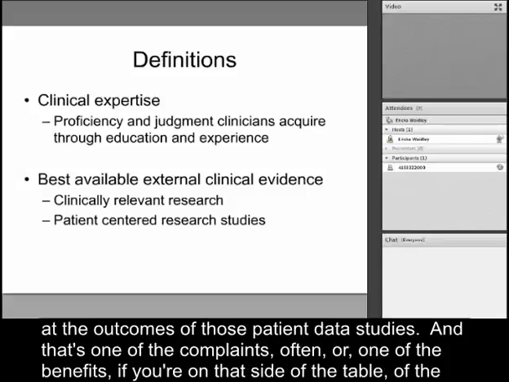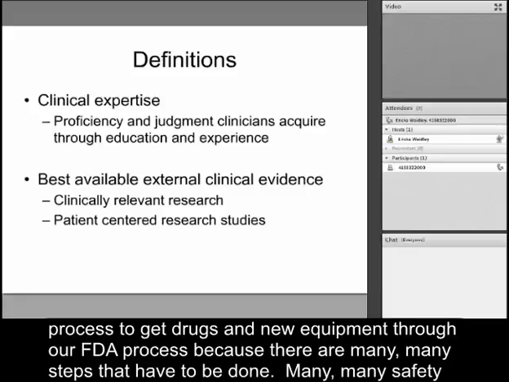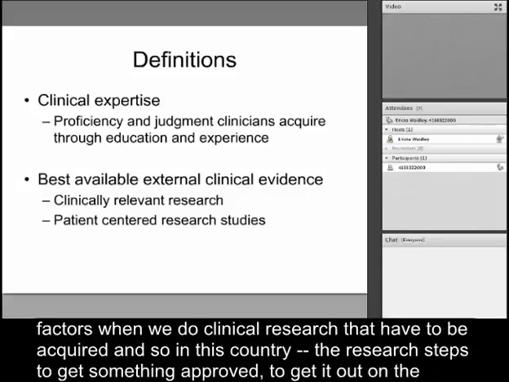And that's one of the complaints often, or one of the benefits, if you're on that side of the table, of the process to get drugs and new equipment through our FDA process, because there are many, many steps that have to be done, many, many safety factors when we do clinical research that have to be acquired.